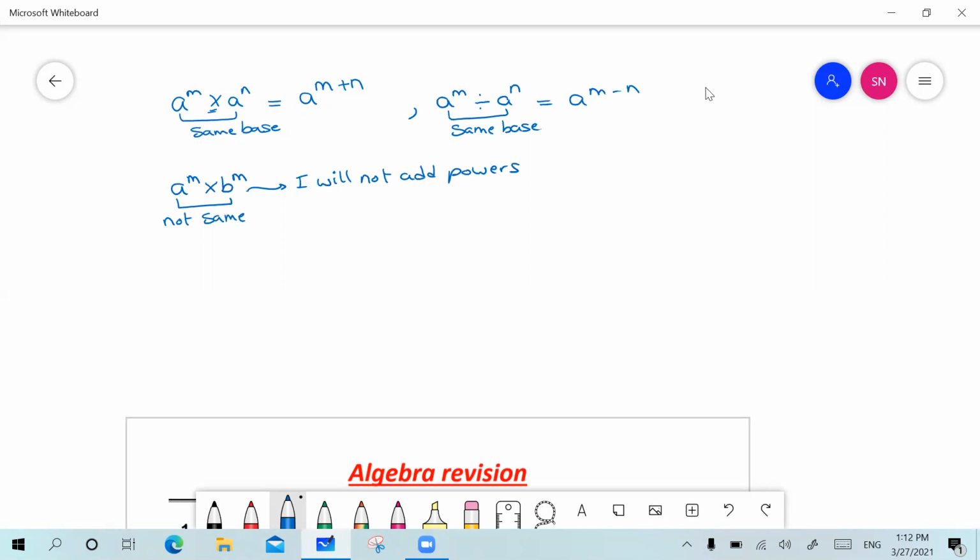And if I have, for example, a to the power of m plus a to the power of n, here the operation I am performing is addition. So I do not add powers. I add powers only when I am multiplying the same base. When I am multiplying the same base, I add powers. But when I am adding the same base, I do not add powers.